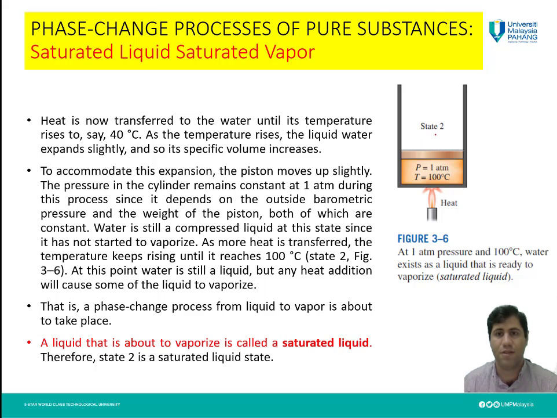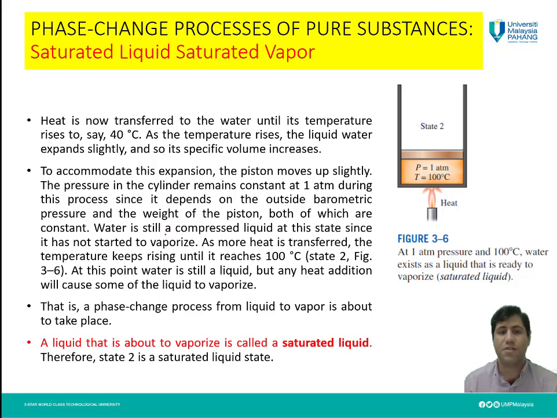Why is the pressure constant? Because the forces actually acting on the border of this substance or water are the weight of this piston and atmospheric pressure, both of which are constant during this process. And this pressure is 1 atmosphere.